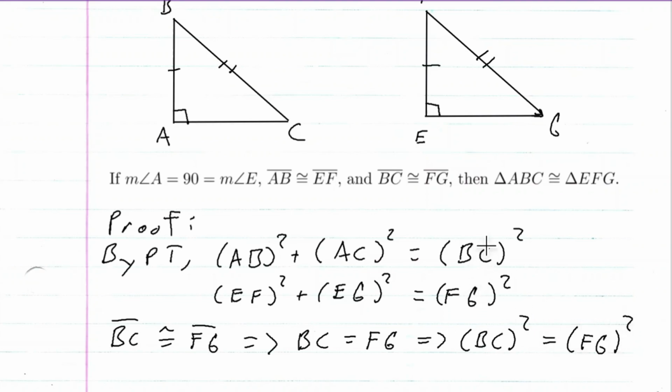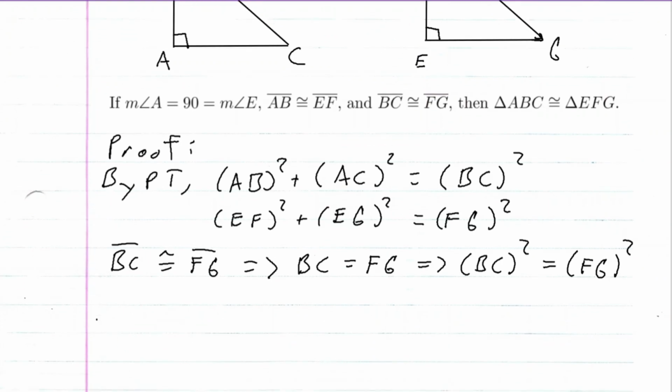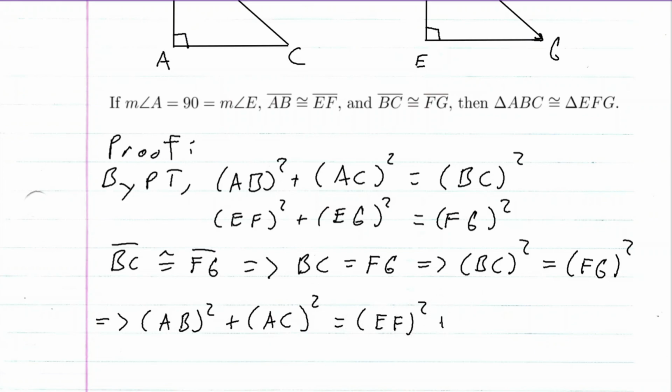So we know these two are actually equal to each other. So that means these two sums are equal to each other. So let's go ahead and write that down now. So this implies that AB squared plus AC squared is equal to EF squared plus EG squared.